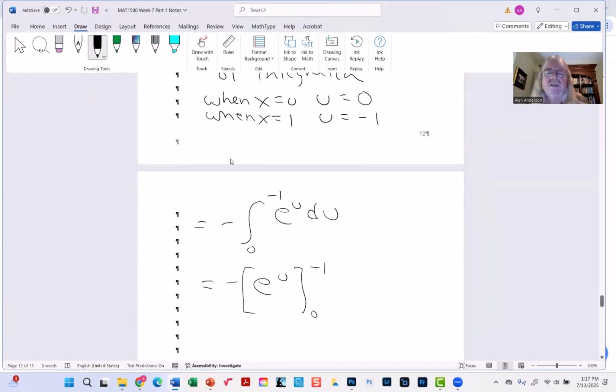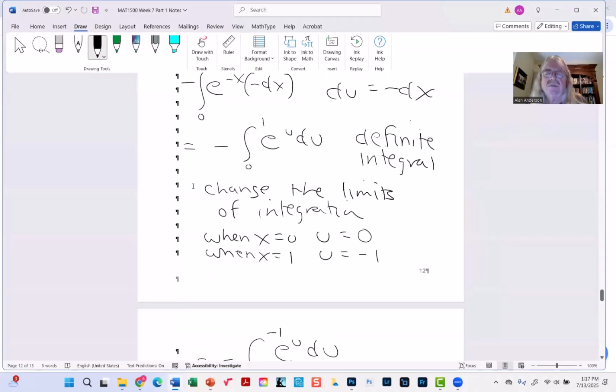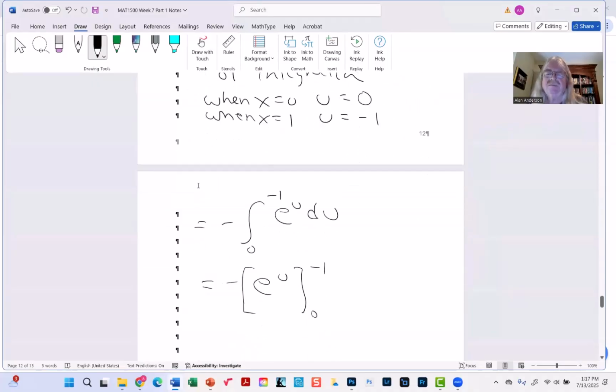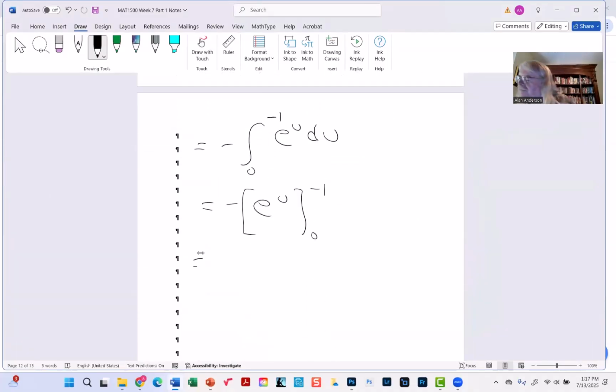First, we're going to do this: negative e to the minus 1 minus e to the 0, which is negative e to the minus 1 plus 1.